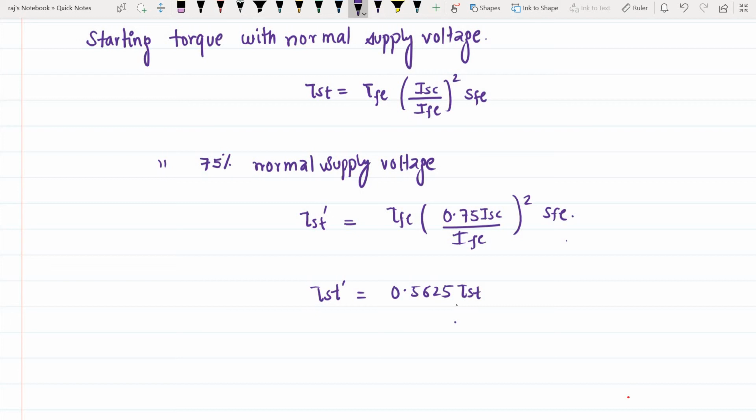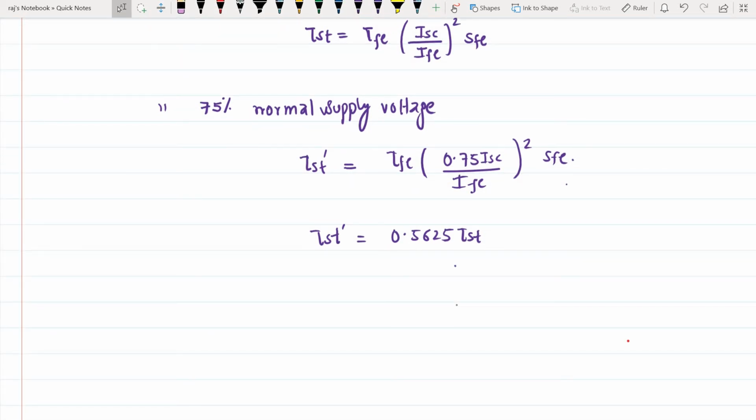So now percentage reduction is equal to (tau st minus tau st dash) by tau st into 100.